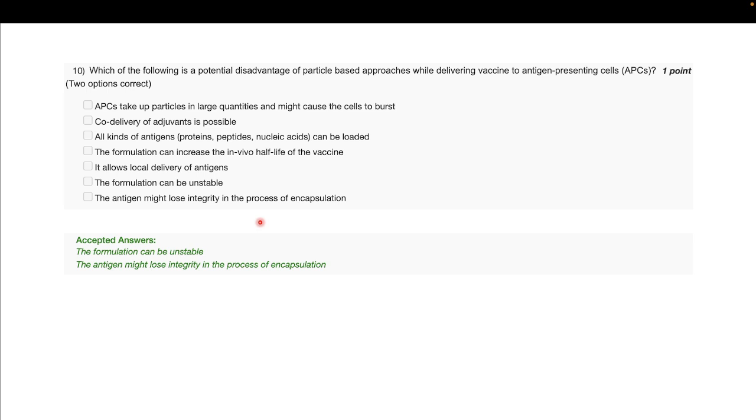So the antigen will not have potency to activate the immune system. Or in some cases, in a few of the methods of making particles, it will be introduced to a lot of solvents which are used in formation of these particles. In that process, the antigen might lose integrity and it will not be a very effective form of vaccine. So these two are the disadvantages of particle based vaccine delivery methods.